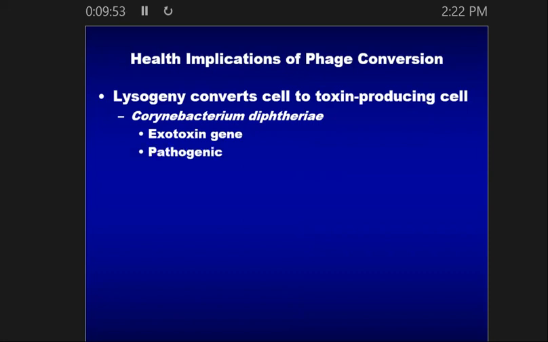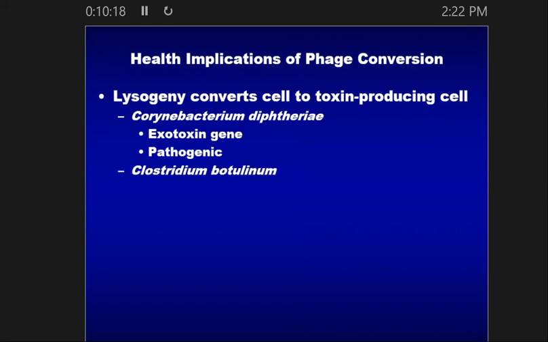So if that viral particle has that exotoxin gene and it gets pasted in, then Corynebacterium can become pathogenic and cause diphtheria. So theoretically you could work with Corynebacterium diphtheriae, and as long as the viral DNA is not there, that exotoxin gene's not there, you're fine. You're not at risk of getting diphtheria.